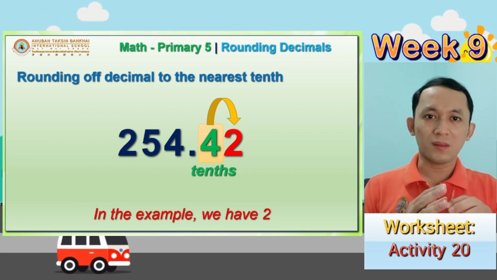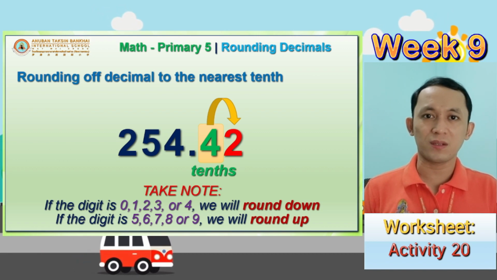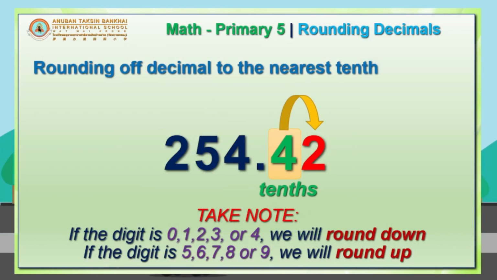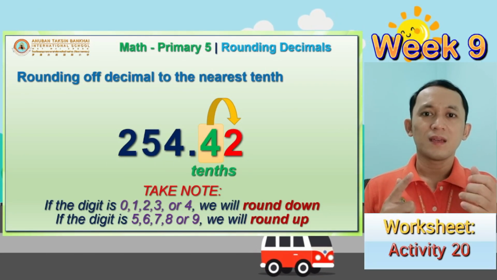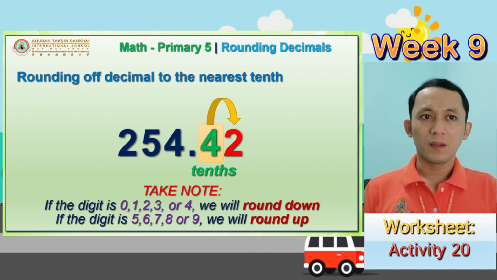Take note, as we discussed yesterday, if the digit is 0, 1, 2, 3, or 4, we are going to round down. If the digit is 5, 6, 7, 8, or 9, we are going to round up.